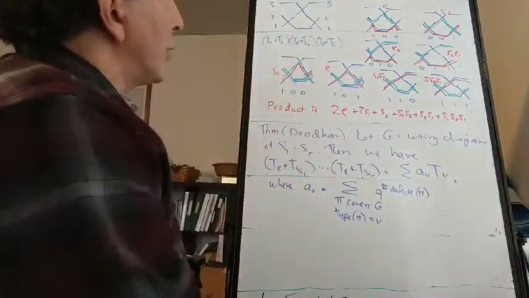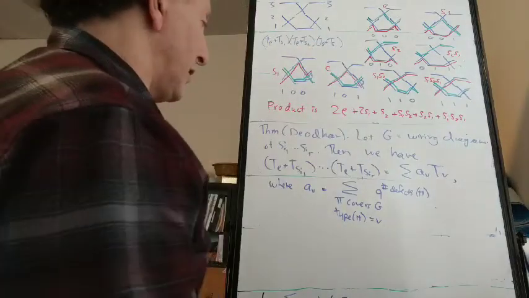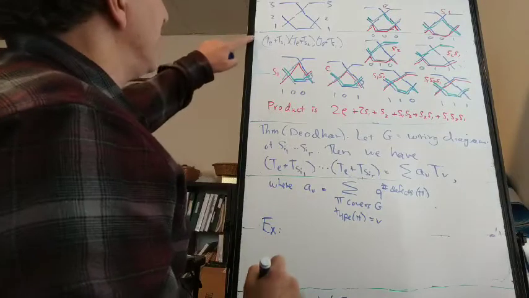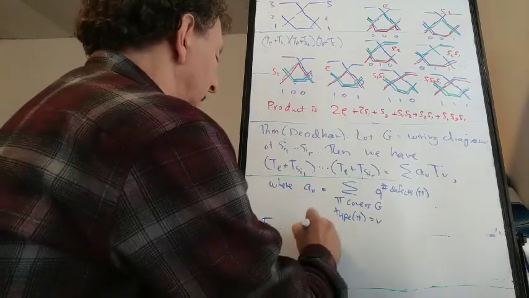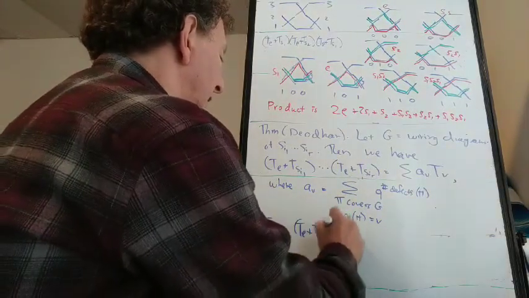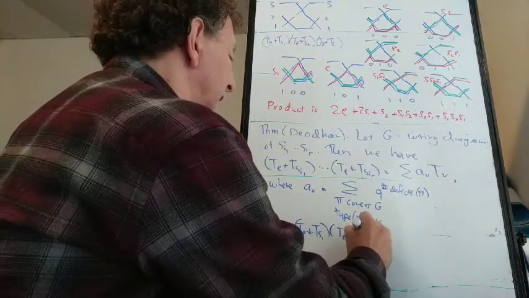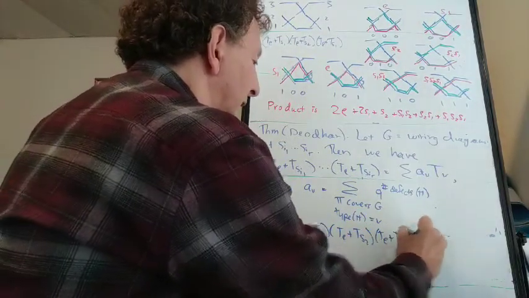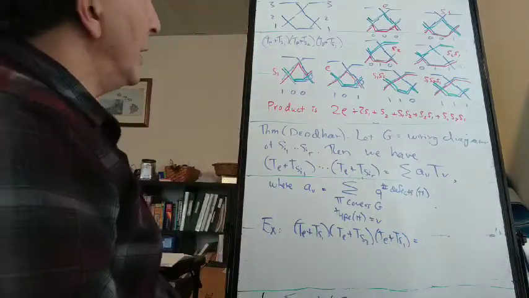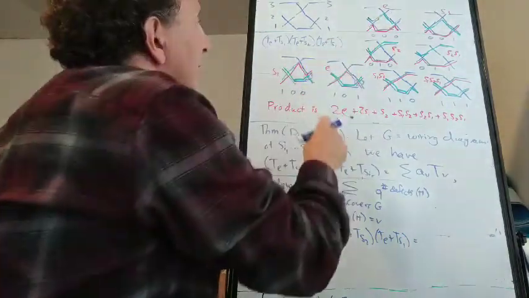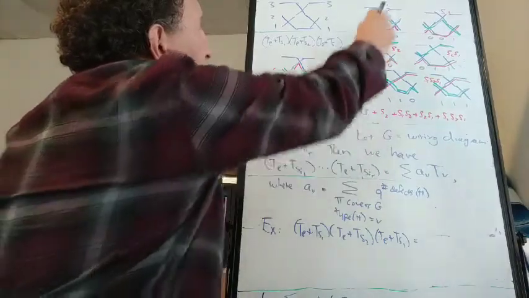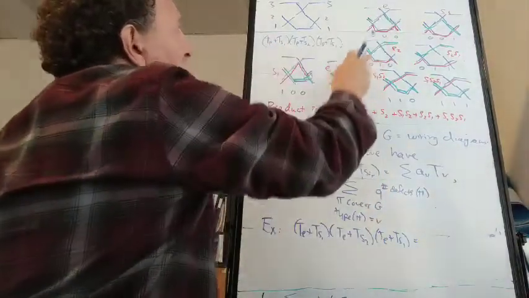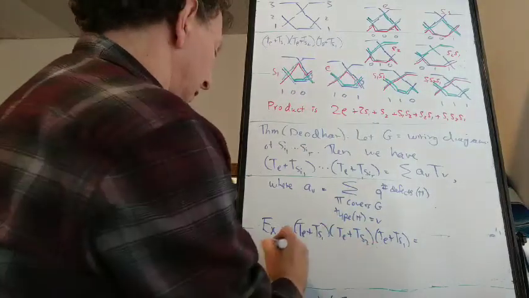So according to these 8 pictures we've drawn already, if we do this product here, (TE plus TS1) times (TE plus TS2) times (TE plus TS1), we get E twice, once with a defect and once without. So we'll sum Q to the number of defects, Q to the 0th plus Q to the 1st.